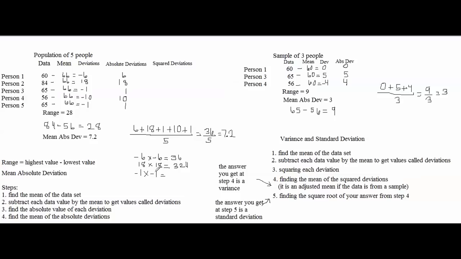Negative 1 times negative 1 is just 1. The negatives cancel out. Negative 10 times negative 10 gives you the same answer as 10 times 10. The two negatives cancel out, and you get, well, 10 times 10 is 100. Now we have negative 1 times negative 1 again, which is just 1. So now we have all of our squared deviations. We'll put them in here.